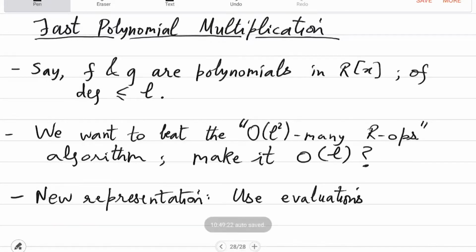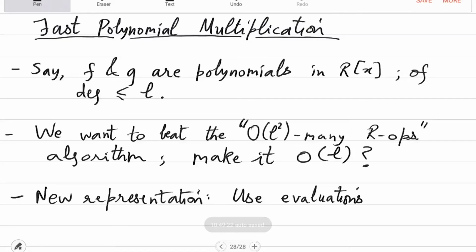And the thing with evaluation is that, yeah, so now you can recall interpolation. So interpolation tells you that for a degree L polynomial, how many evaluations do you need to uniquely specify F? Sorry, L plus 1.